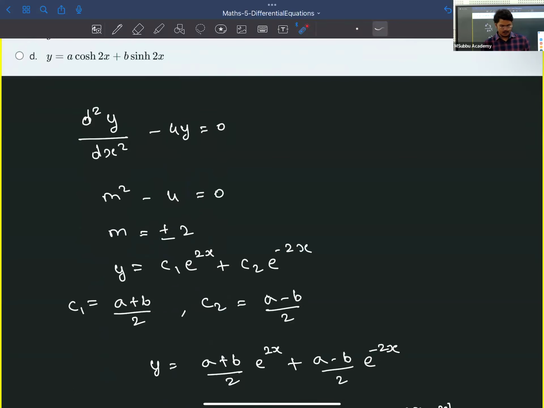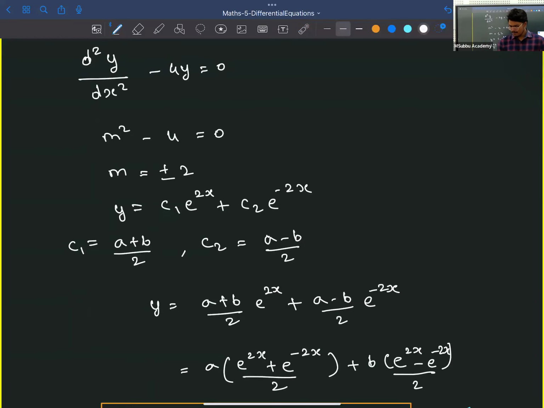So the roots are real and distinct. For distinct roots, the general form will be y is equal to c1 into e power mx plus c2 into e power minus mx. This is the complementary function when the roots are real and distinct.